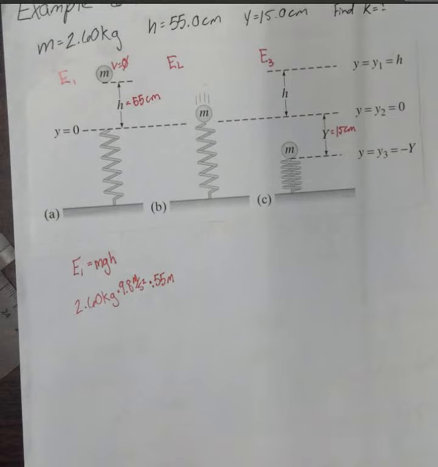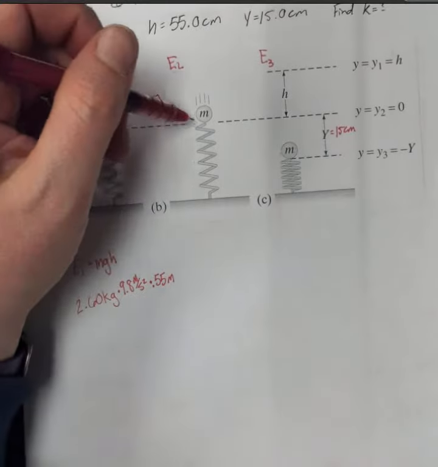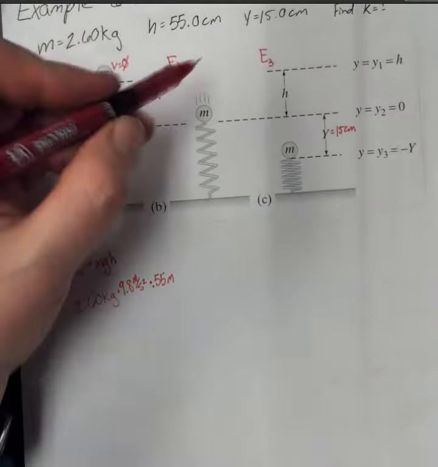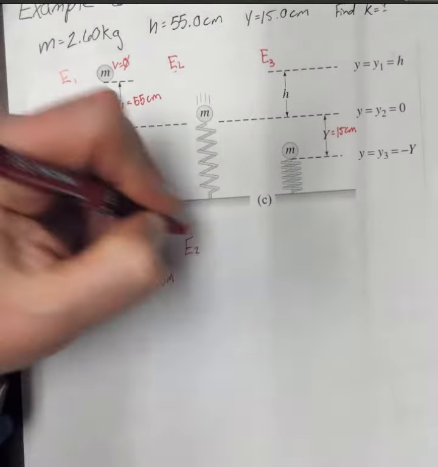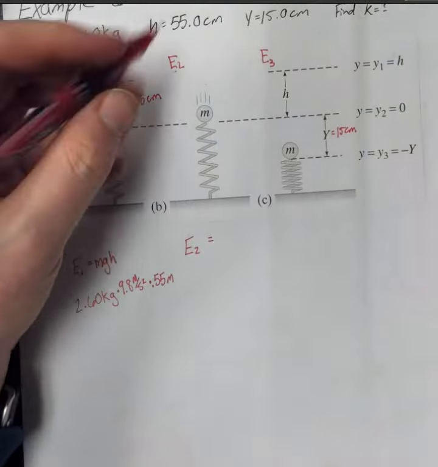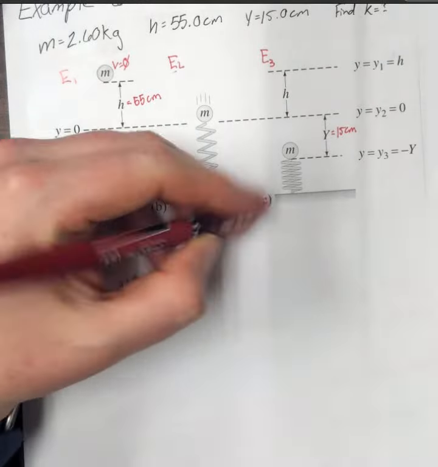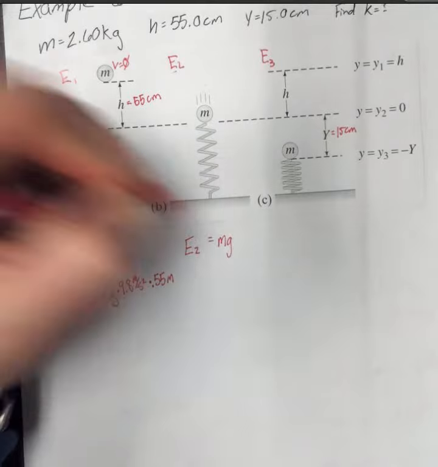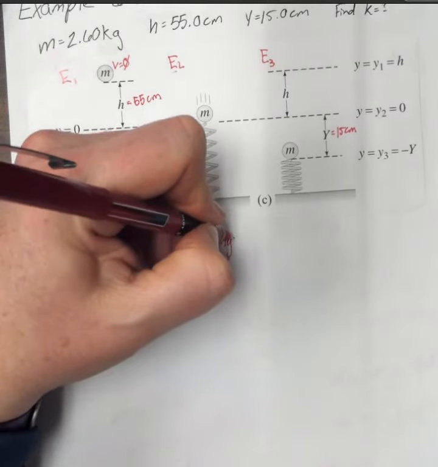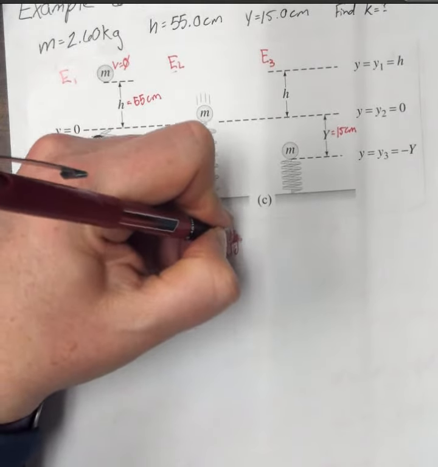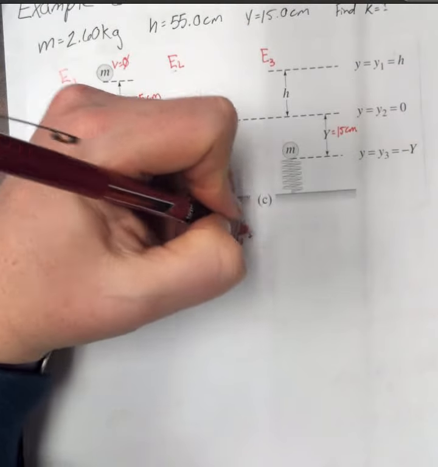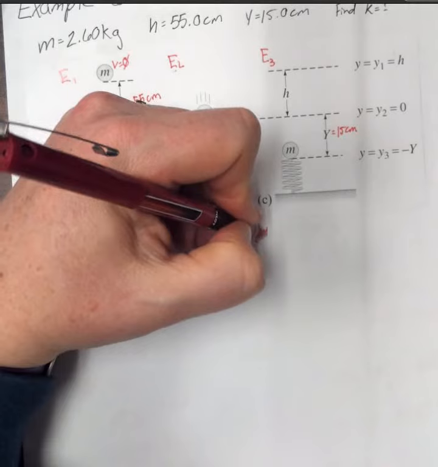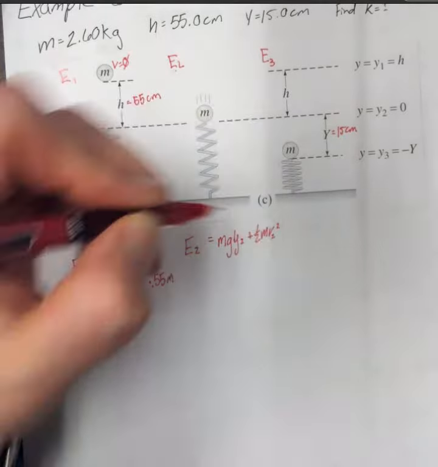And if I solve that, I would want to know how fast the ball is moving here at point 2. At point 2, the ball has gravitational potential energy plus kinetic energy because it's dropped from some height.